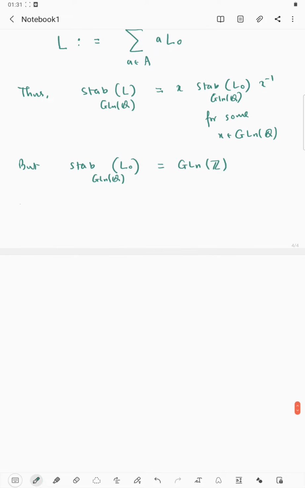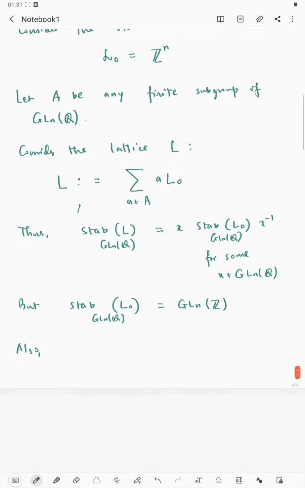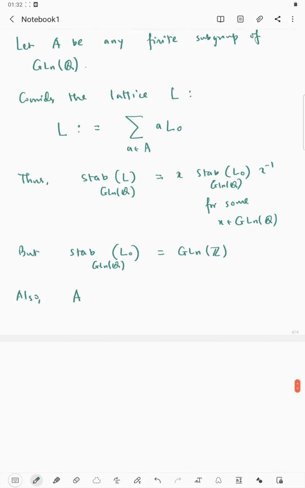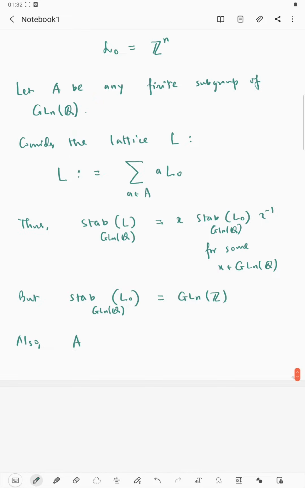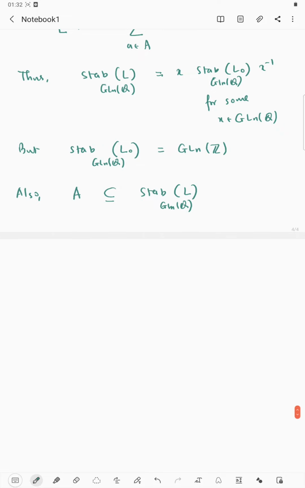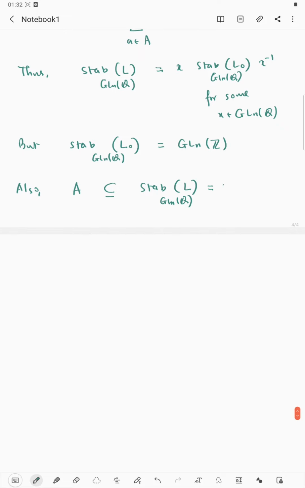And also the finite subgroup A is contained inside the stabilizer of L in GL_n(Q), which is equal to x GL_n(Z) x inverse, right?